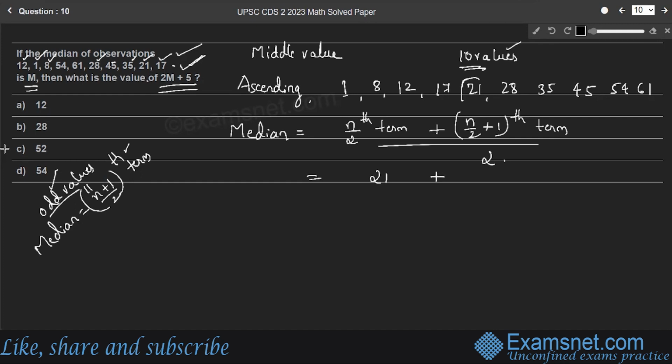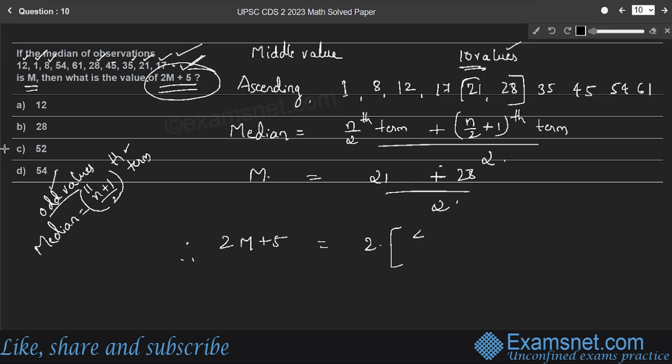Plus the 6th term, which is 28, by 2 is the median, which is m. Here we need to find 2m plus 5. Therefore, 2m plus 5 is equal to 2 times 21 plus 28 by 2 plus 5. The 2 and 2 get cancelled, so 49 plus 5, 54 is the answer, right? Option D is the right answer.